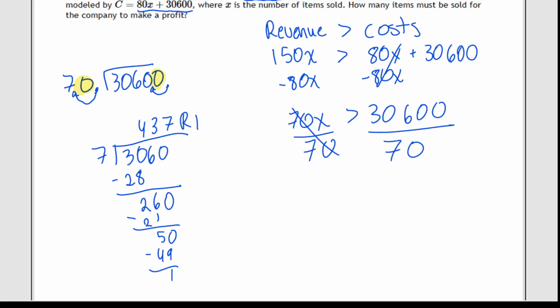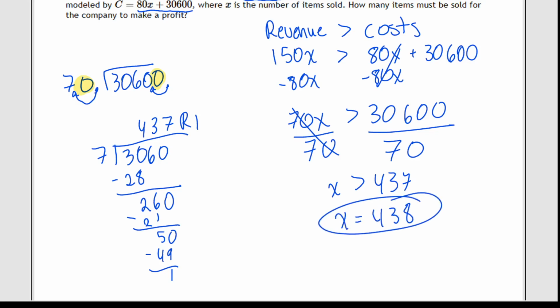So if we're thinking about a real world scenario, if x was exactly equal to 437, then you wouldn't be making a profit. So x has to be strictly bigger than 437 to make a profit, because these items are only produced in whole numbers, which means that x has to at least equal 438 items.